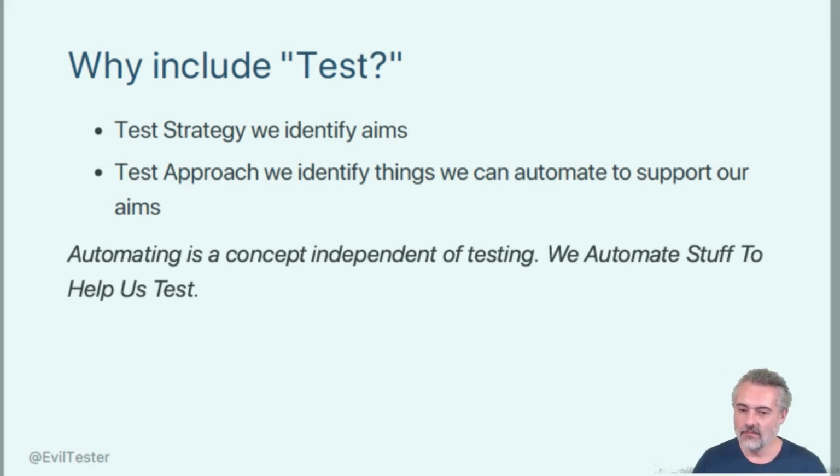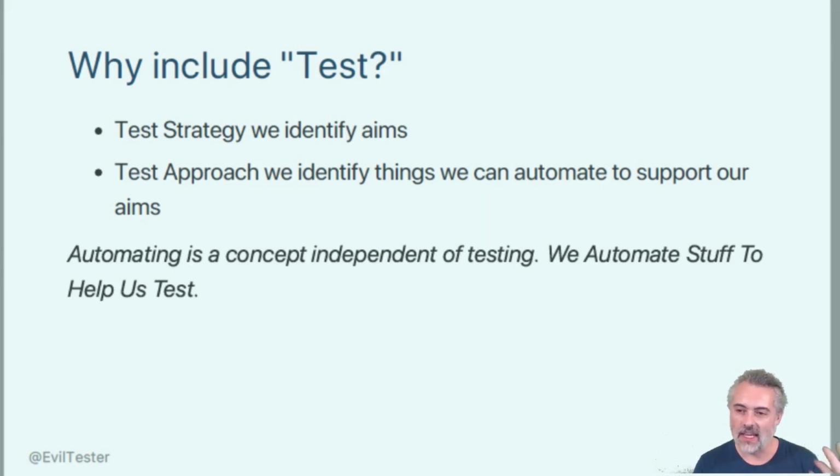So then we've got the notion of test automation of, well, why do we even include the word test? Because automation is a completely independent concept, right? We can automate things without it being anything related to testing. So we include the word test because we are much more interested in the context of testing, supporting our work in testing. And within that, we have a strategy.